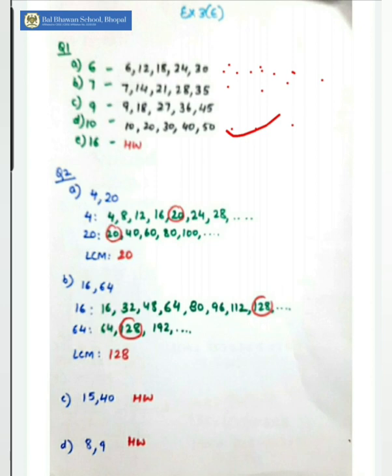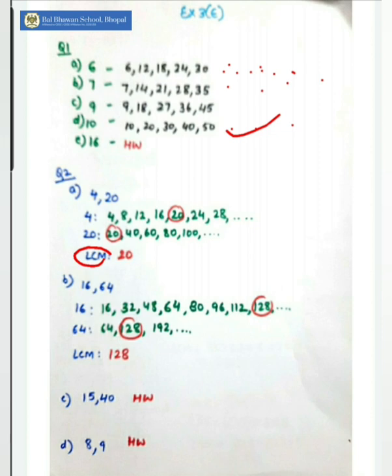Moving to question number 2, children, over here we need to find out the LCM of the given numbers. First I am going to list the multiples of 4, which are 4, 8, 12, 16, 20, 24, 28, and so on. And then I am going to write down the multiples of 20, which are 20, 40, 60, 80, 100, and so on.